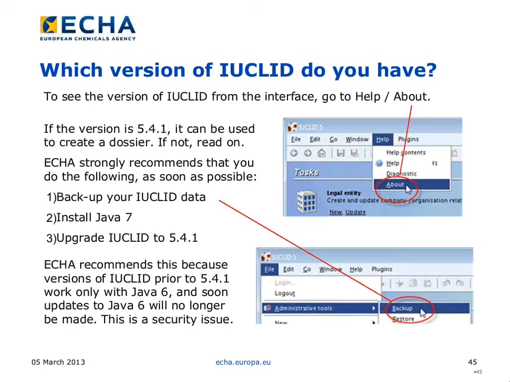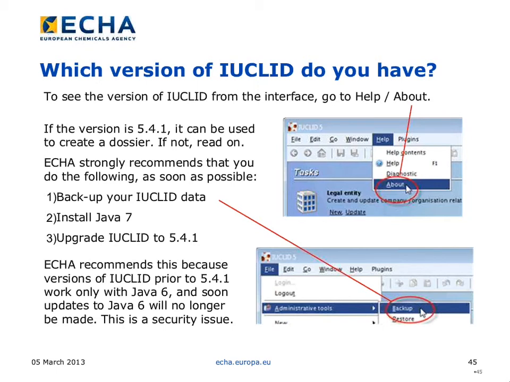If that is not the case, we recommend that, as you see on the screen, you go to File, you go to Administrative, and you do a backup of your files. You then need to install Java 7 and upgrade your IUCLID version to 5.4.1.